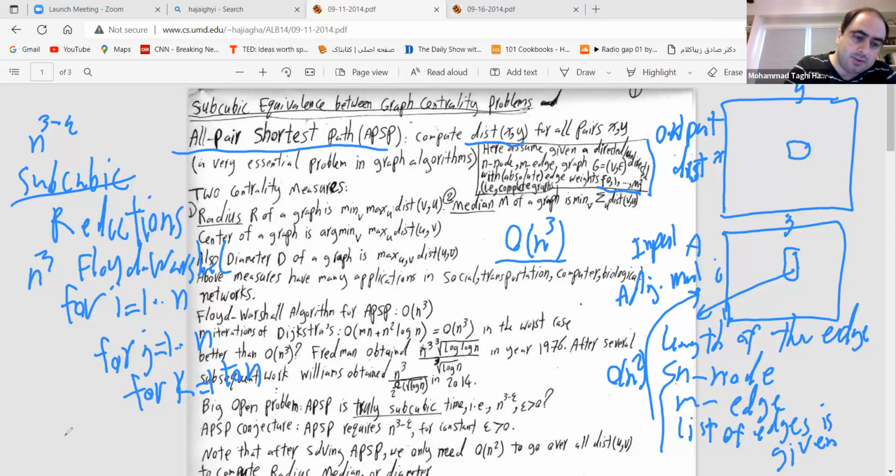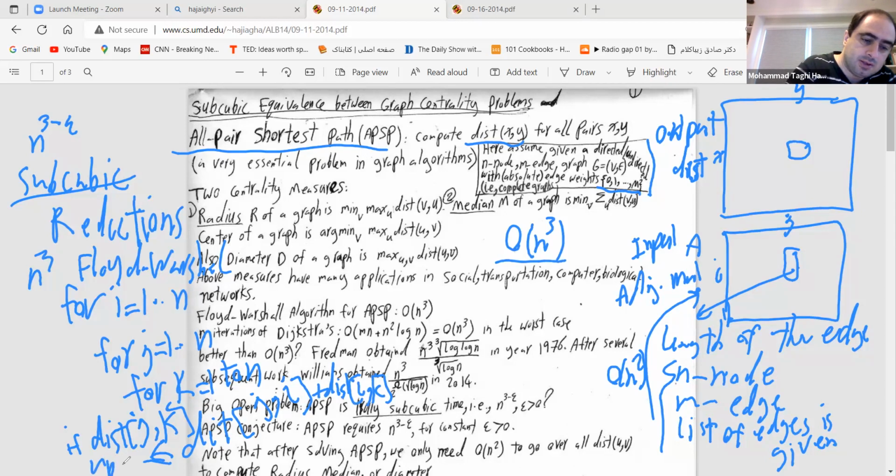So this is the only thing that we say: if distance of j and k is less than or equal to distance of j and i plus distance of i and k, then update.